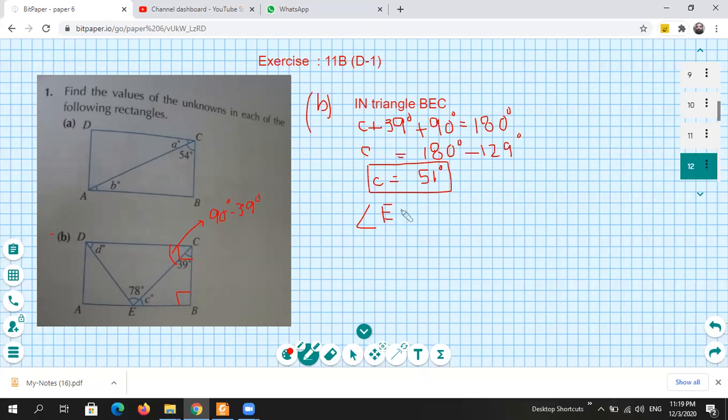Angle ECD will be equal to 90 minus 39, or 51 degrees. And this angle can also be got from the fact that these two angles are alternate angles because CD and BE are parallel sides. So this angle is 51 degrees.